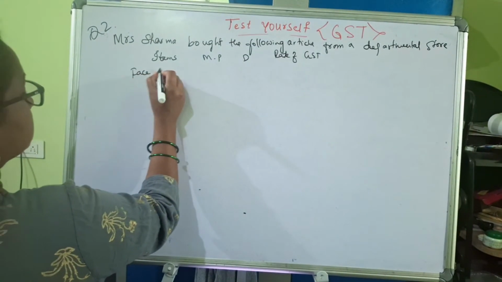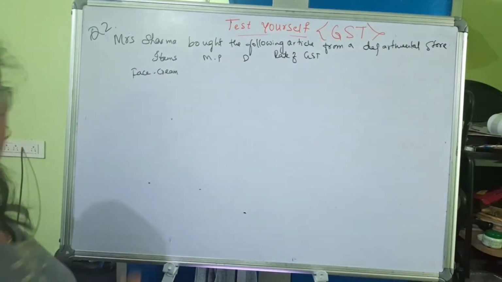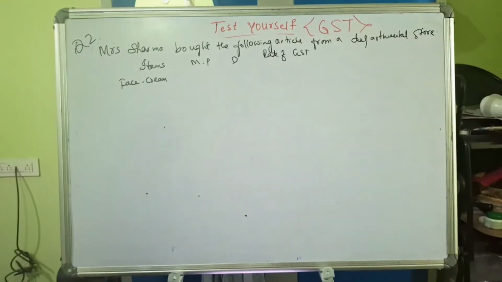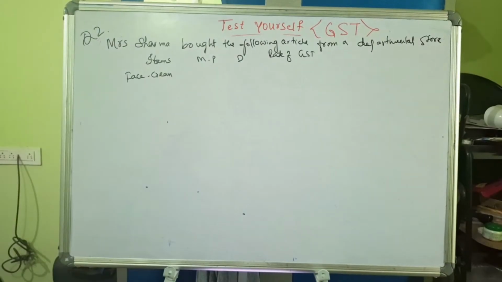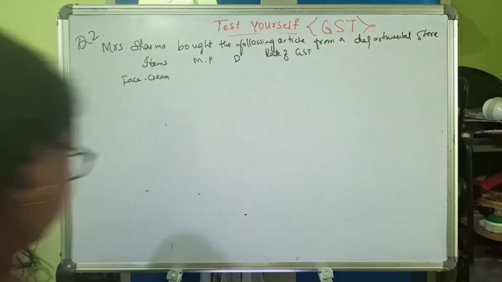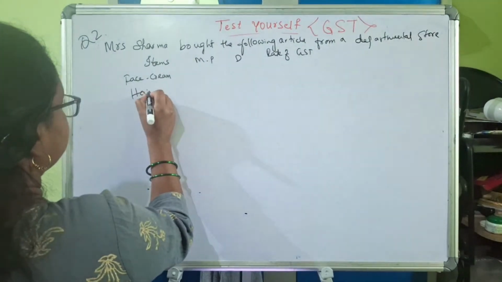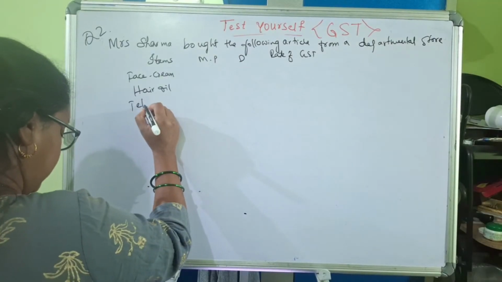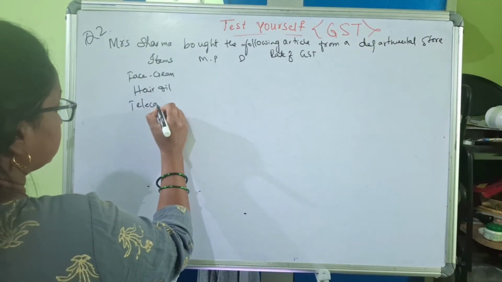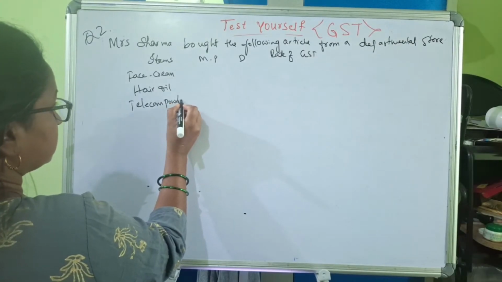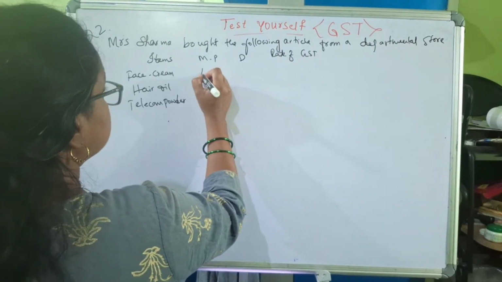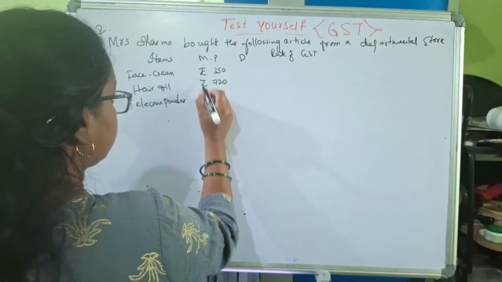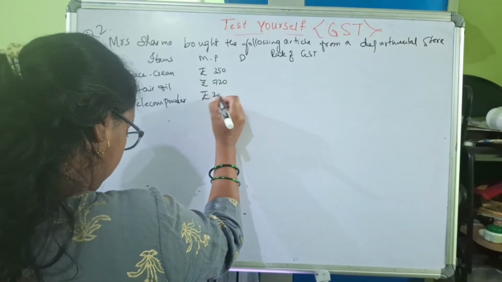Face cream, hair oil, talcum powder. Market price is rupees 350, rupees 720, rupees 225.